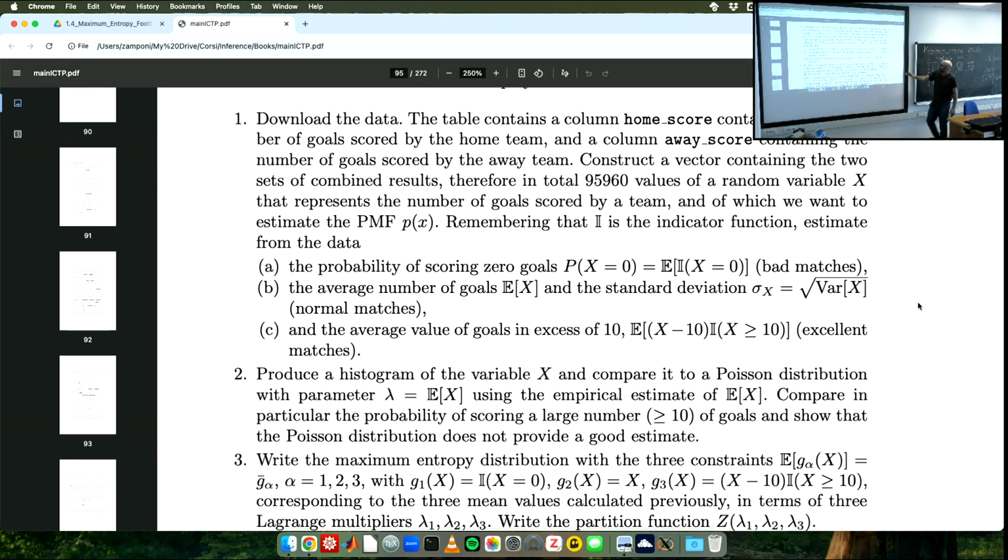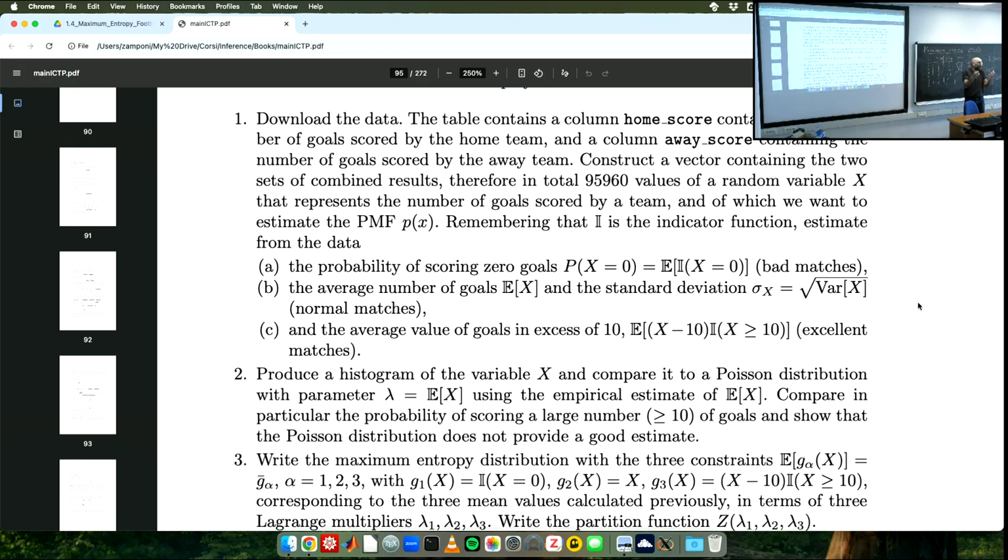Okay? So this is the expectation of x minus 10 times the indicator function that x is bigger than 10. So this is 0 if x is smaller than 10, and 1 if x is bigger than 10.